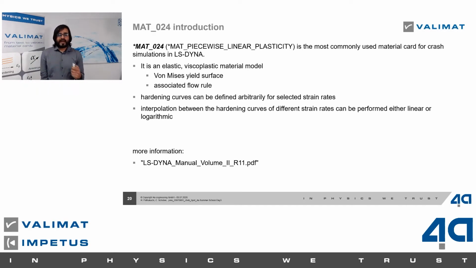Where MAT24 becomes really flexible is that the hardening curves can be defined arbitrarily for selected strain rates. And interpolation between the hardening curves for the different strain rates can be performed either linearly or logarithmically. If you want to find out more information on MAT24, please contact us directly, or you can also check online in the LS-DYNA manual.